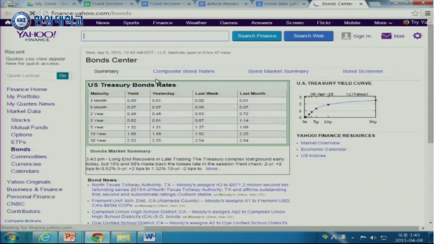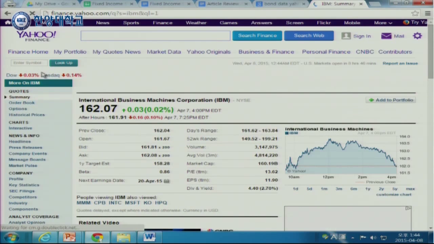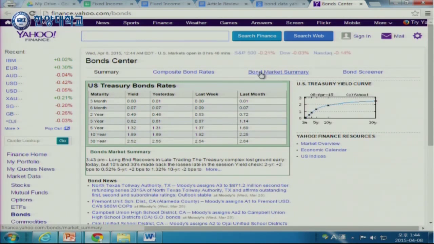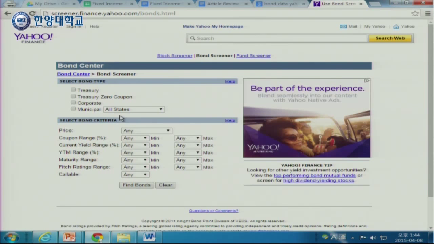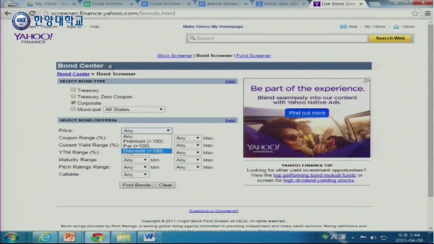If you go there, you can get the US Treasury bond rate, and you look up something like IBM. Anyway, bond price and bonds, composite bond rate, bond market summary, bond screener. You can go to the bond screener, choose corporate bond, and you can find some bond data over here.